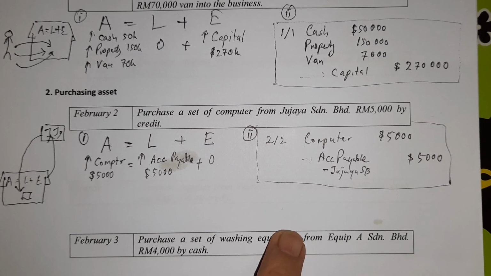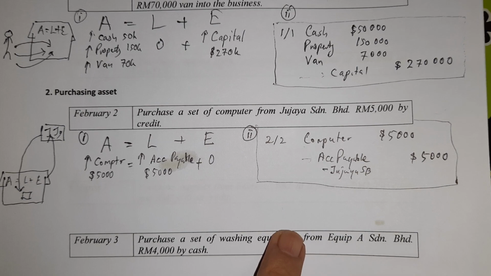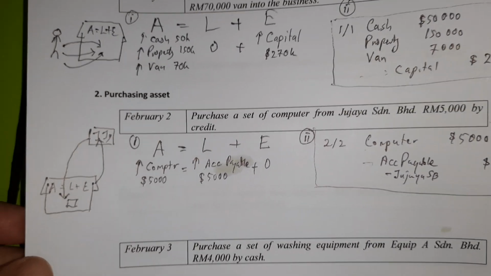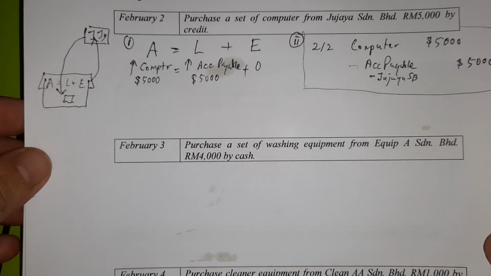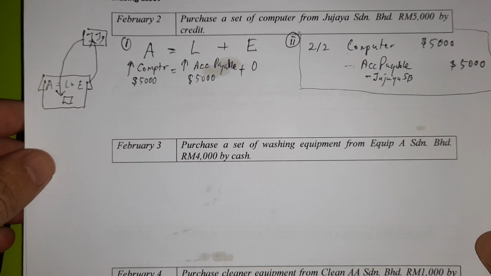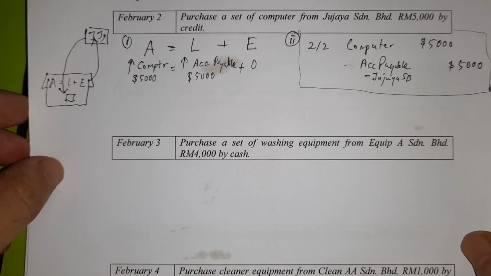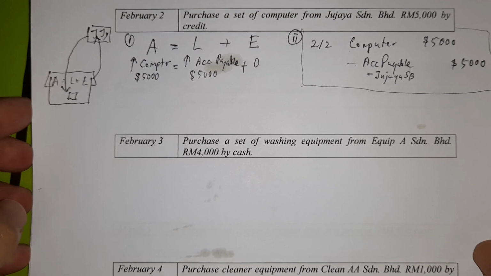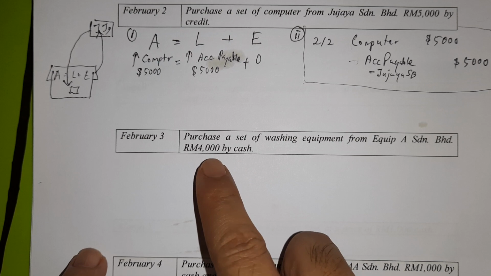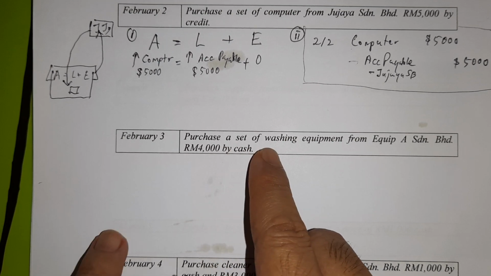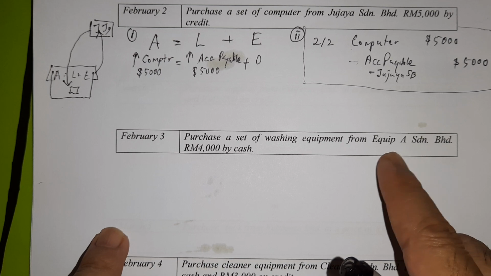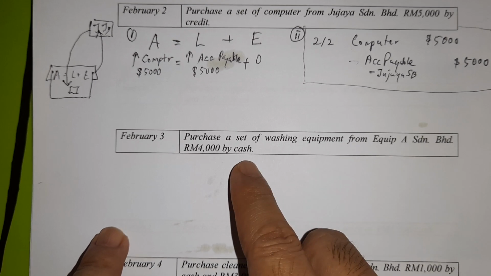Okay. Now we see the third question, the third business transaction. Okay, the third business transaction is this one. The business purchased a set of washing equipment from Equip A Berhad, 4,000 by cash.